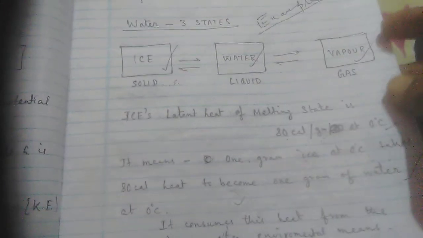Now, it takes this heat from the container or other environmental means when the ice melts to water and absorbs latent heat. So from where does the ice absorb this latent heat?